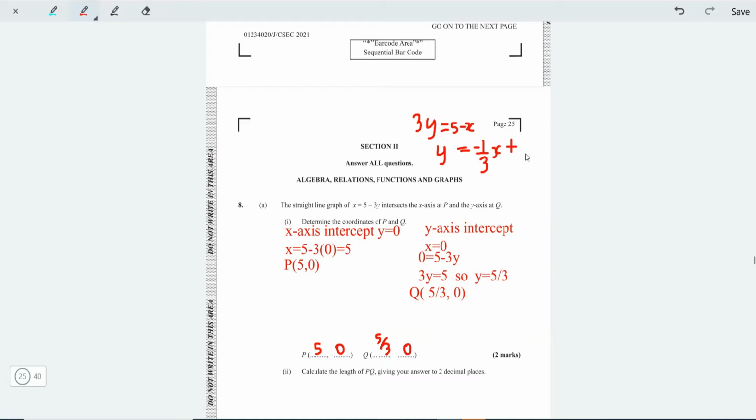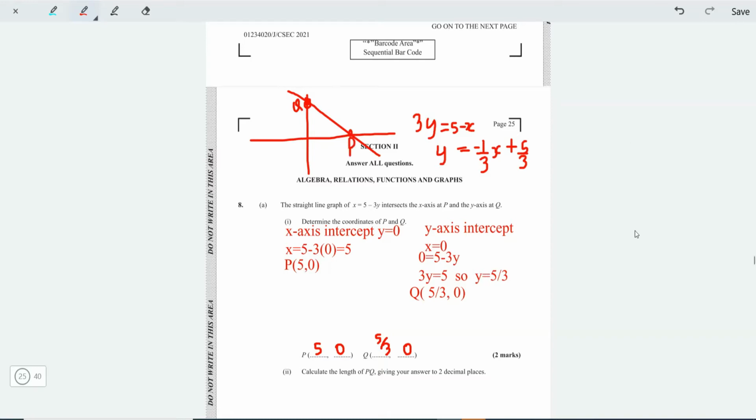So if you were to draw how this graph looks, it looks something like this. It has a negative gradient, so it's in the first quadrant. And this right here would be the y-axis intercept Q, and this would be the x-axis intercept P.